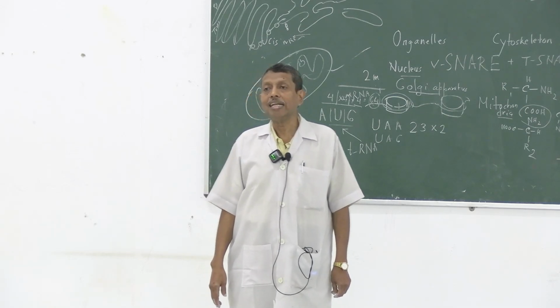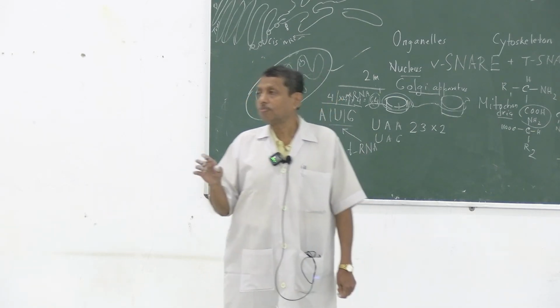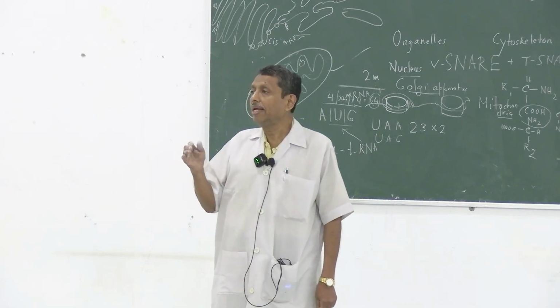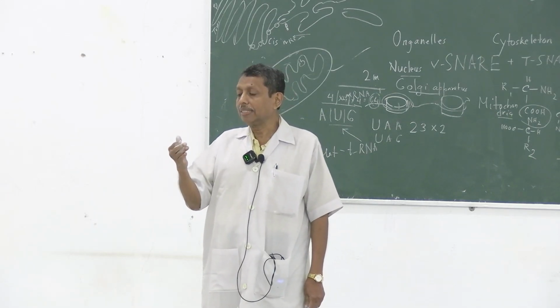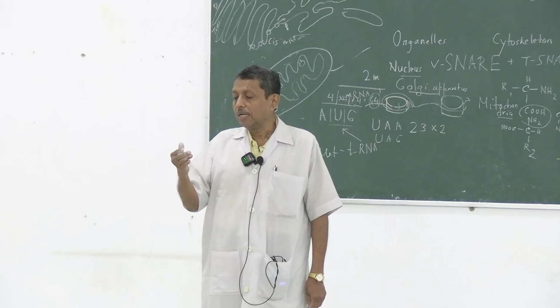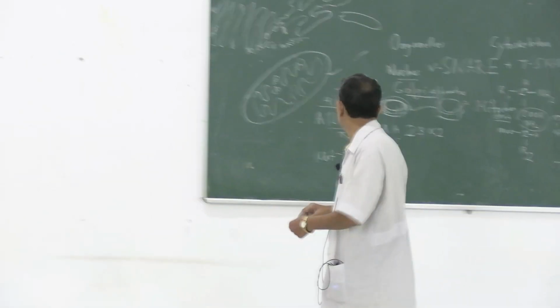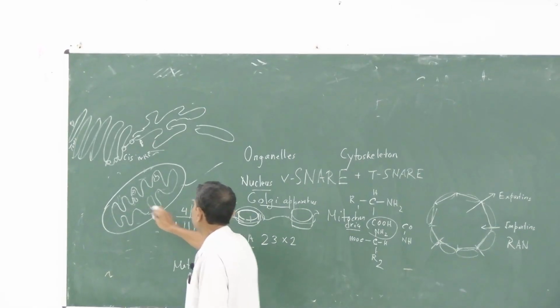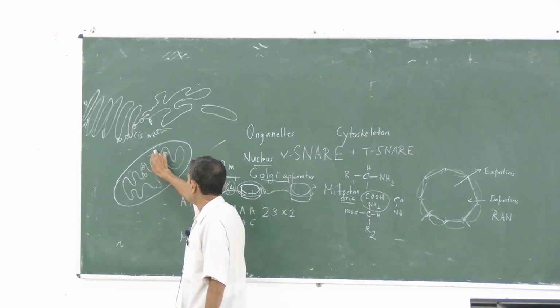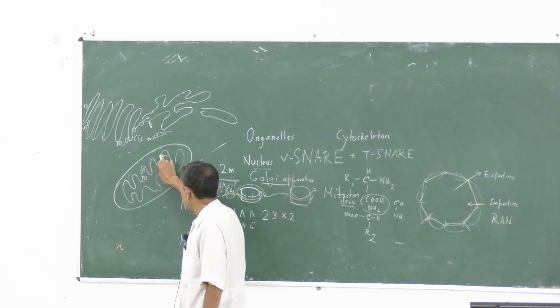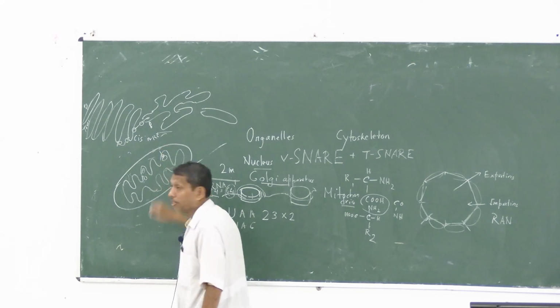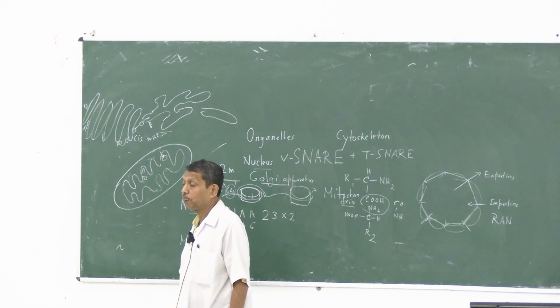In this way there is this pathway, that is, hydrogen ion accumulates within this space. This hydrogen ion then comes through this complex and ATP is produced.